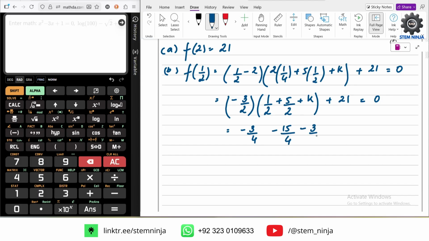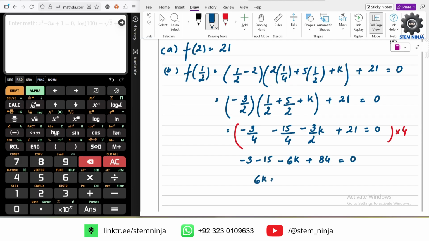And minus 3 by 2k plus 21 equal to 0. We multiply both sides by 4. We get minus 3 minus 15 minus 6k plus 84 equal to 0.